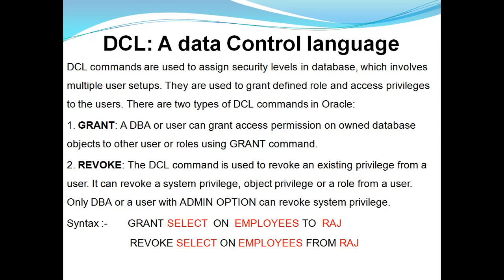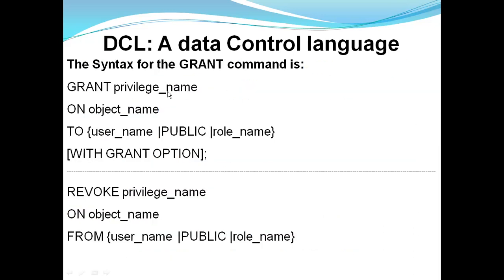So now, when we talk about grant, the complete syntax of grant is this. Grant, privilege name, on, object name, to. Now in the "to", we have just talked about username. Instead of username, you can use public or role name as well. So what the public and role name is.